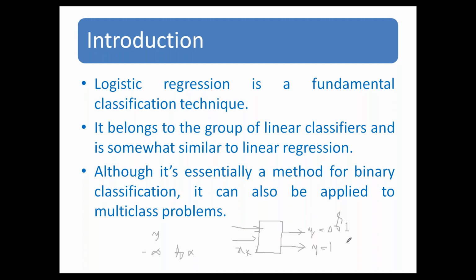If it is multi-class, sometimes you will assign discrete values, but that is a manipulated one, manipulating the binary classification into multi-class. For example, if 3 classes are there, we will take 3 outputs, y1, y2, y3. Then we assign 1, 0, 0 for class 1. Similarly, class 2 is 0, 1, 0, and class 3 is 0, 0, 1.